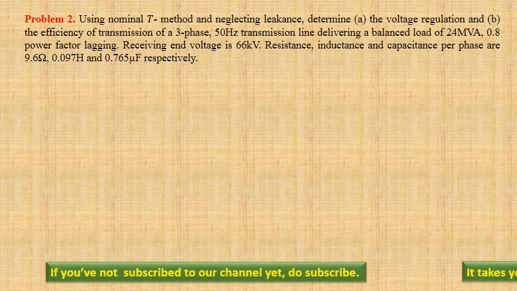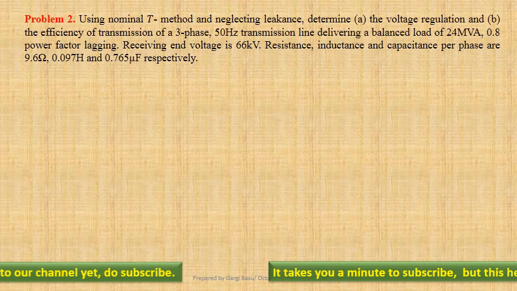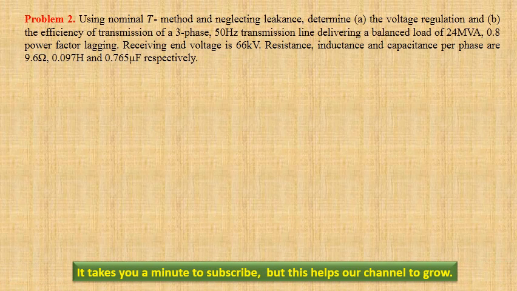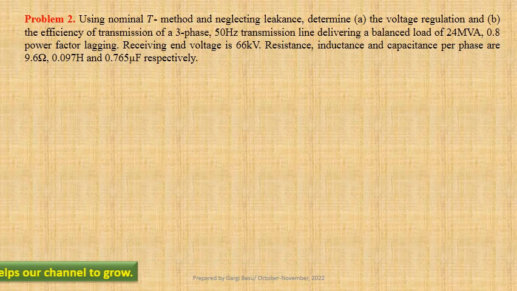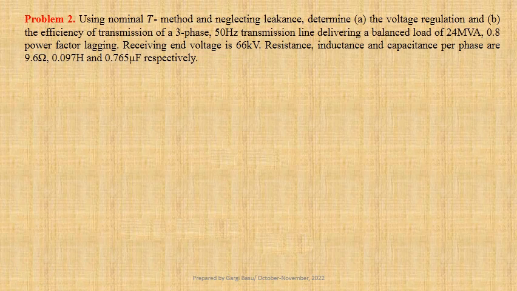Receiving end voltage is 66 kilovolts. Given resistance, inductance and capacitance per phase are 9.6 ohm, 0.097 Henry and 0.765 microfarad respectively. Let us first write down the given data.